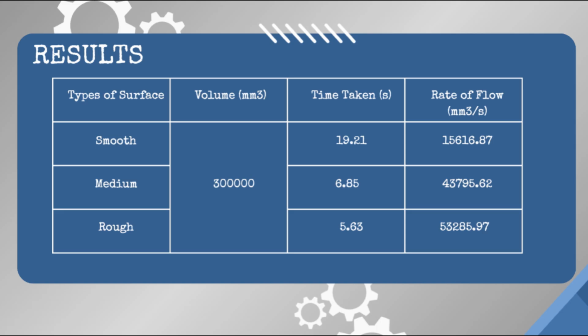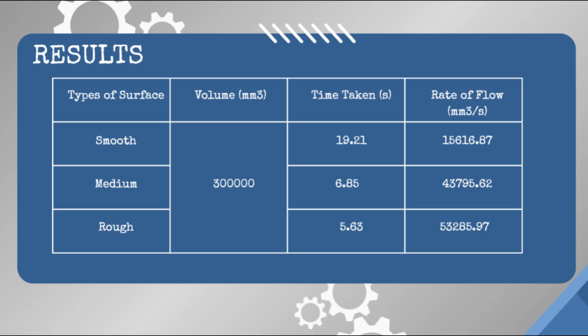In contrast, the rough surface achieved the highest flow rate of about 53,285.97 millimeters cubed per second, demonstrating the most efficient drainage performance among the 3 surfaces.